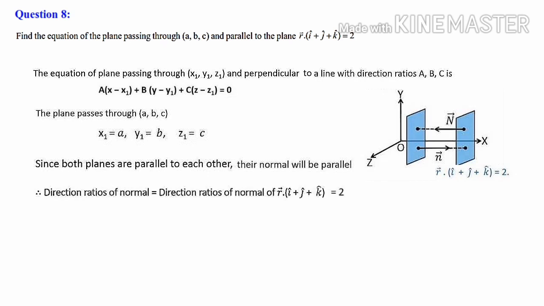So we have learned that the direction ratios of parallel vectors are the same. That means the direction ratios of the normal to the required plane are equal to the direction ratios of the normal to the given plane, that is r dot i cap plus j cap plus k cap is equal to 2.